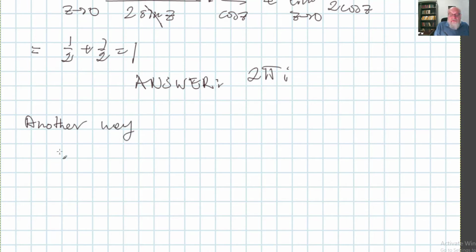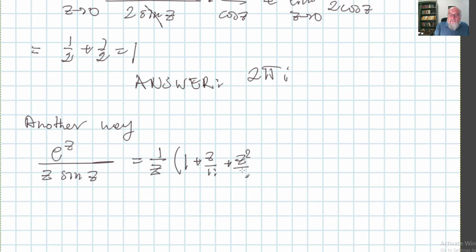So here we have it divided by z, and this will be sine of z. I will do it like it was before. This one is 1 over z. This will be 1 plus z over 1 factorial plus z squared over 2 factorial plus, and then I have here 1, and this will be z minus z cubed over 3 factorial plus z to the 5 over 5 factorial minus.